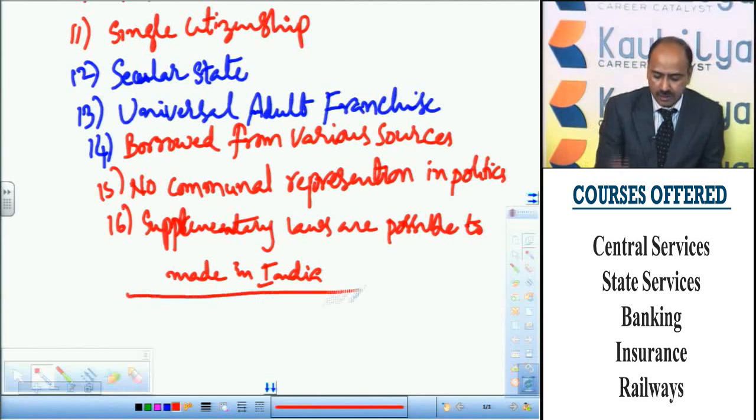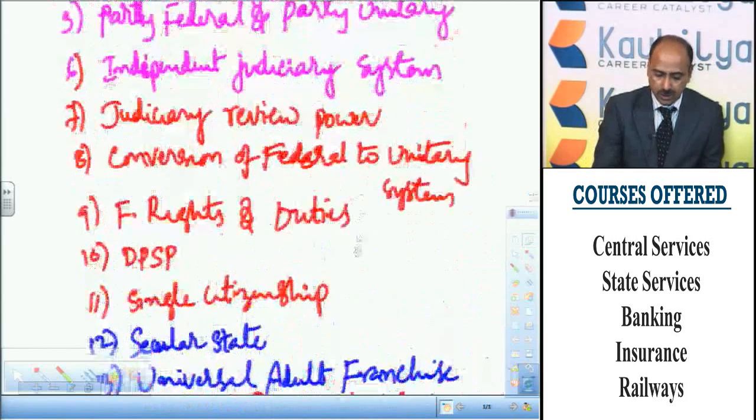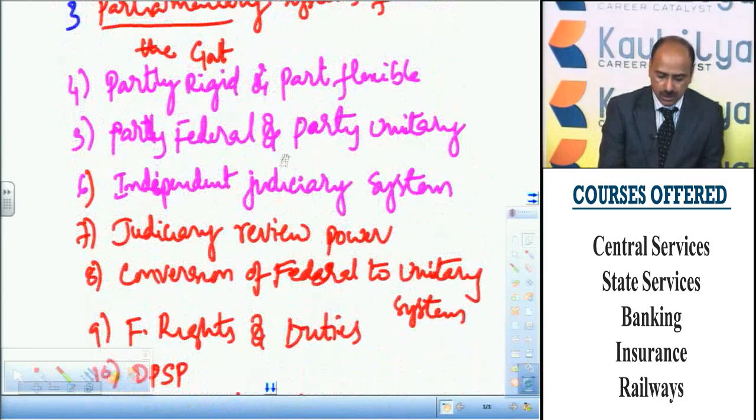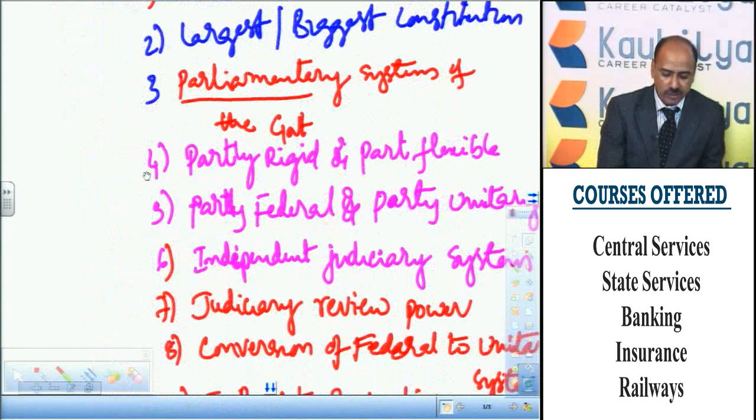These are the main salient features of our Constitution. The most important thing is the parliamentary system of government.